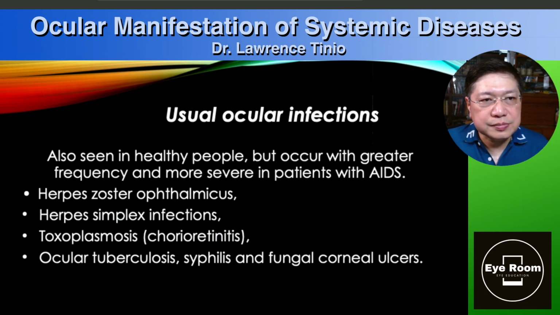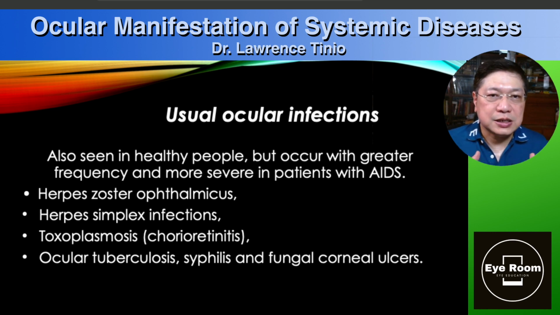Now, some people would also have these infections, but this is very, very common in patients with AIDS, especially those with severe AIDS. These are herpes zoster ophthalmicus, herpes simplex infections, toxoplasmosis, ocular tuberculosis, syphilis, and fungal corneal ulcers.